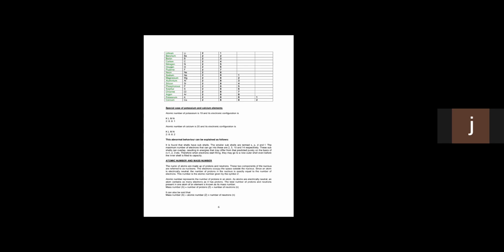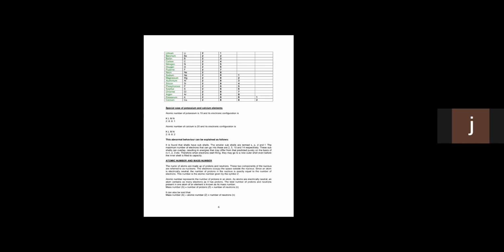So if you look at that example, hydrogen has 1 proton and 1 electron. Therefore, we say the atomic number is the number of protons in the nucleus of an atom. And since the number of protons and the number of electrons are the same, we can also say atomic number is the number of electrons in an atom.